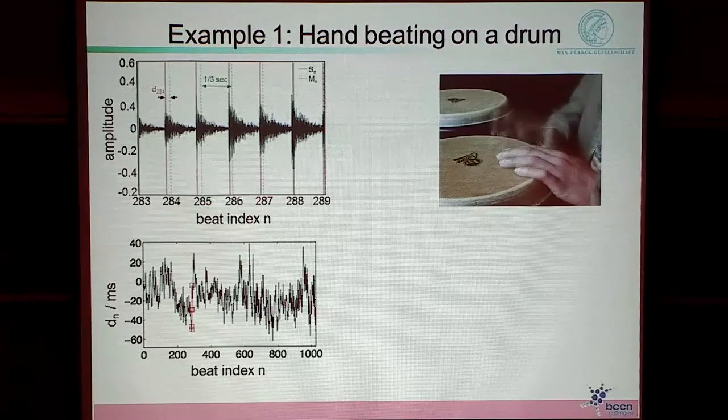Now in this way we recorded 1,000 deviations from 1,000 beats that are shown here in the example. That shows the deviations in milliseconds, and this is just the beat index, so beat number 1, 2, up to beat number 1,000. So this shows the deviations of these beats.